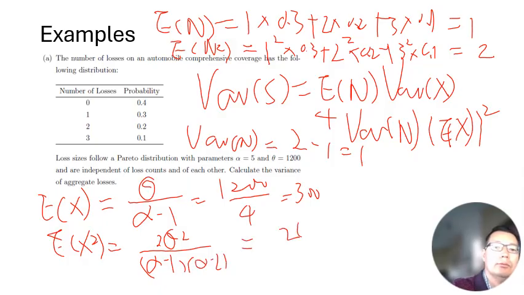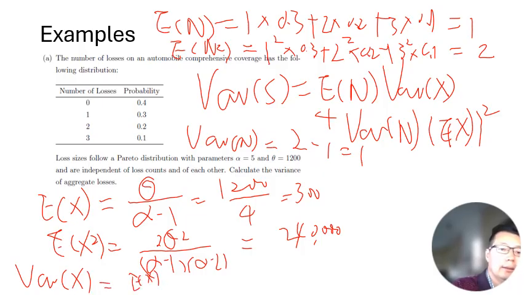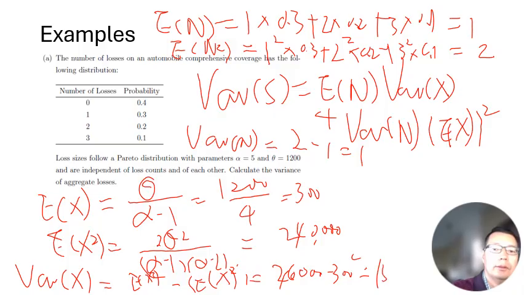Then you can get 240,000. Then the variance of X, Var(X), will be equal to E[X squared] minus E[X] squared, equal to 240,000 minus 300 squared, equal to 150,000.